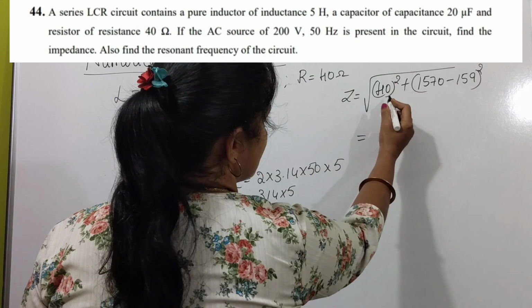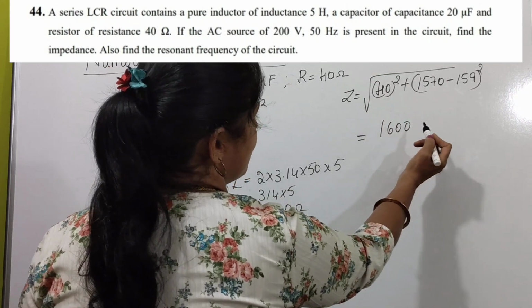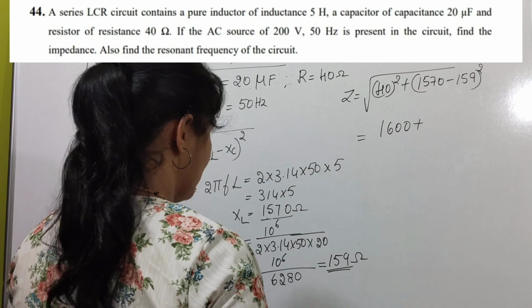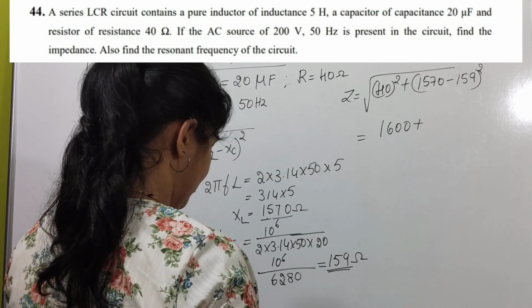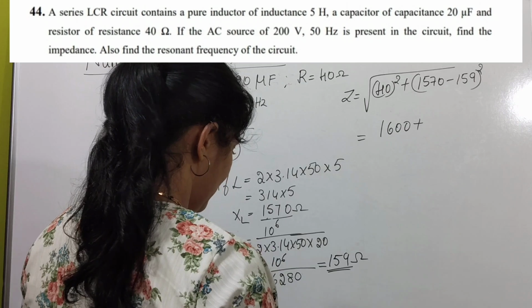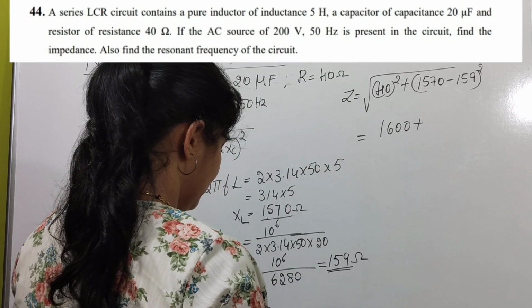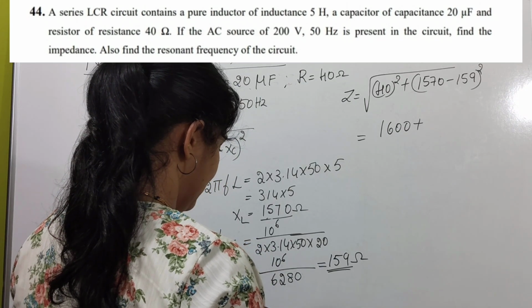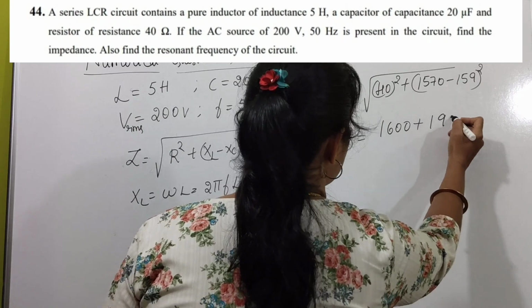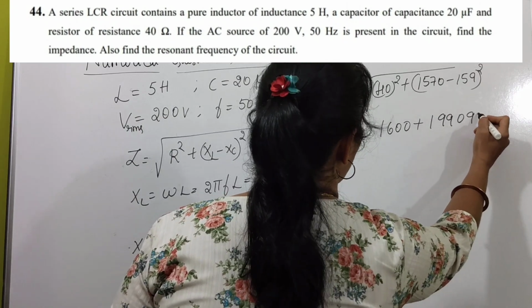First let us calculate 1570 minus 159, which is 1411. Square it, and you get 1,990,921.